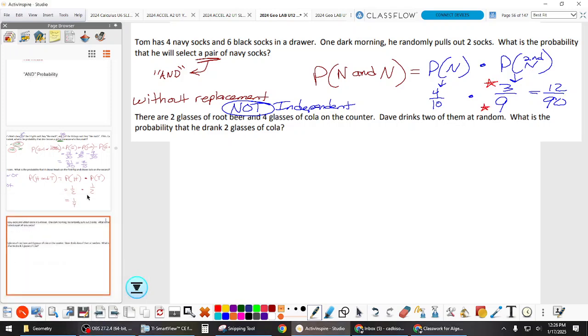We have 2 root beers and 4 cola. So the request here is 2 cola. So cola and cola. All right. We know it's "and," but is it independent or dependent? I'm going to say not independent because we're going to use a different word.